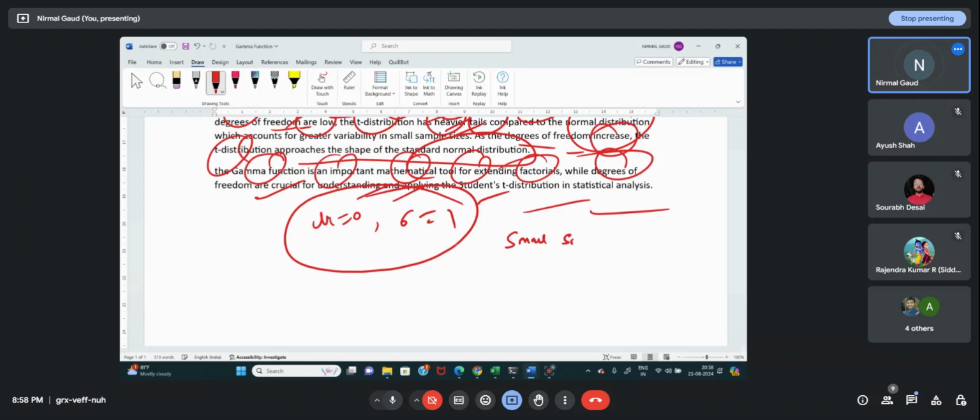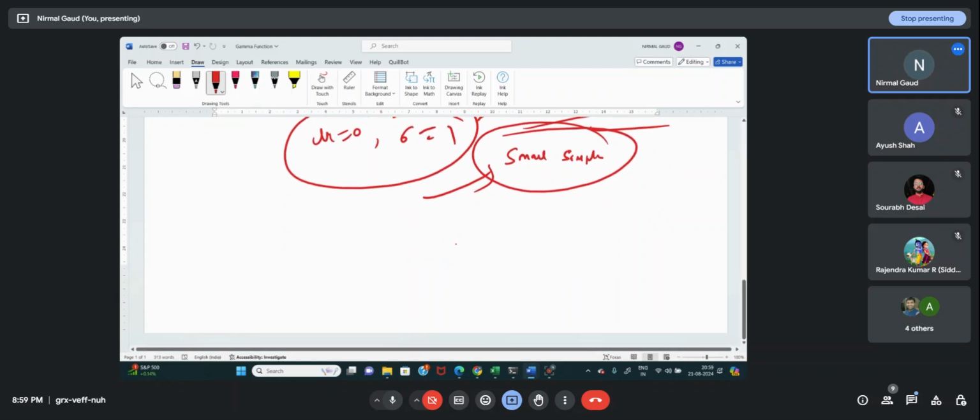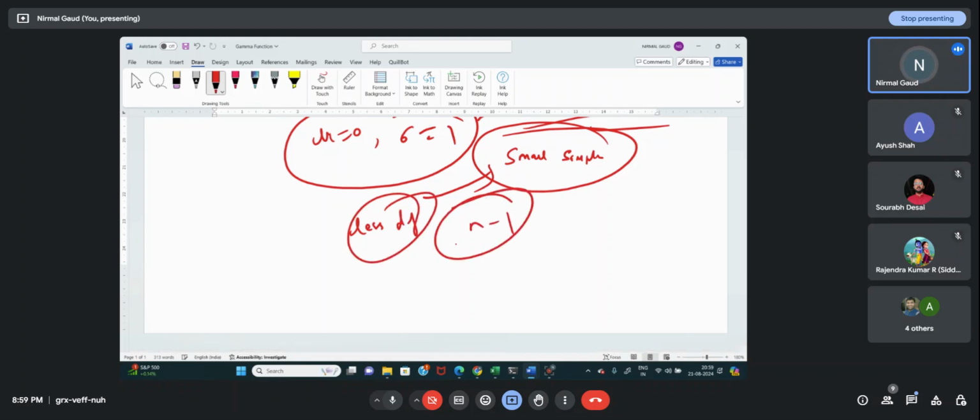Applying the normal distribution on a small sample isn't very effective. But with the student t distribution, a small sample size is fine, because we have a lower degree of freedom, df, that is n minus 1. So student t is fine. Thick tail.